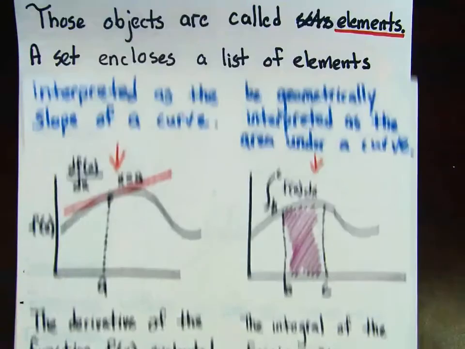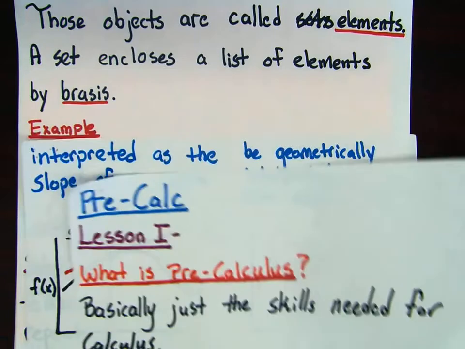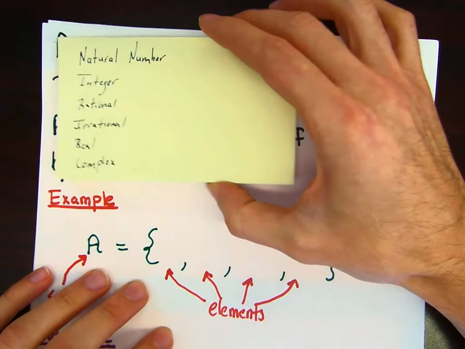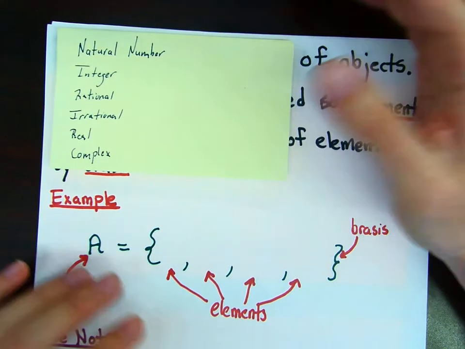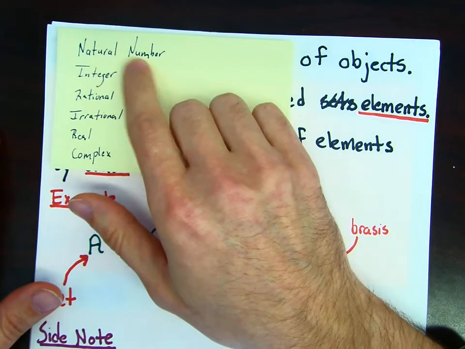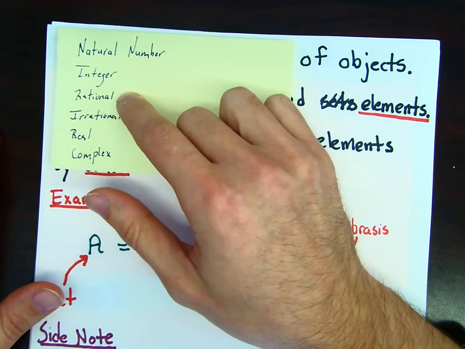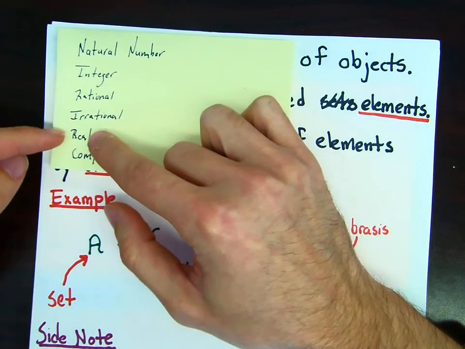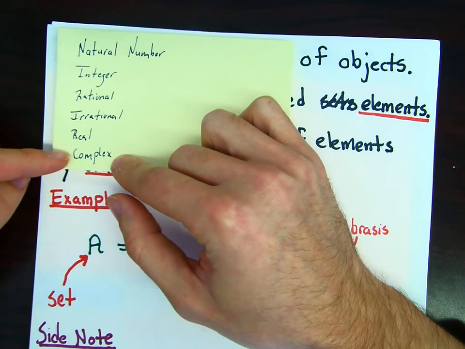So here, the first topic that I want us to make sure we're solid with are the types of numbers that exist. Like if I were to say, hey, what is a natural number? What is an integer? What does it mean for a number to be rational or irrational? What does it mean for a number to be real or complex?